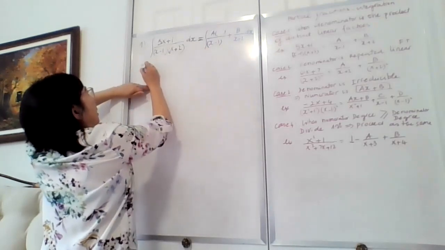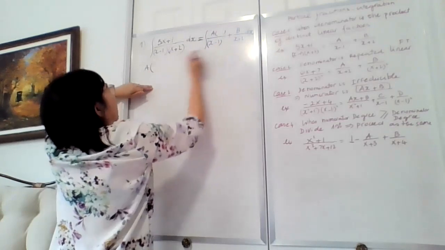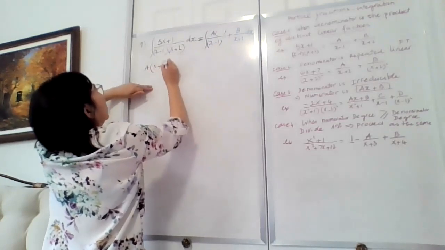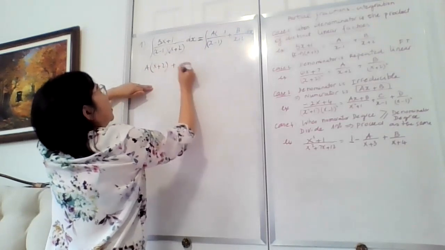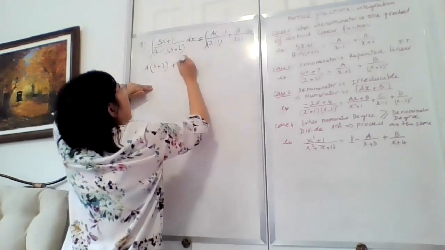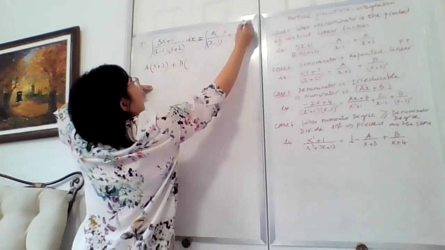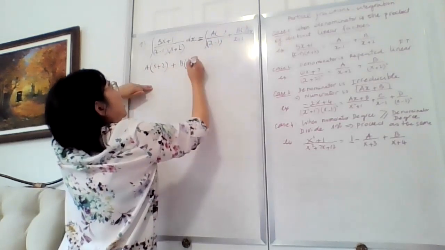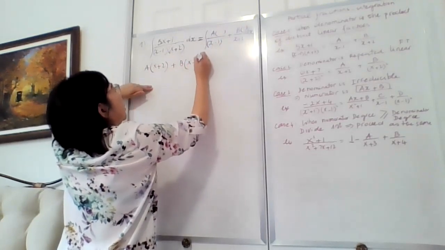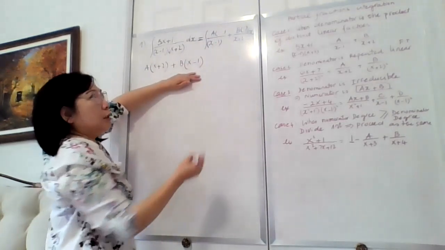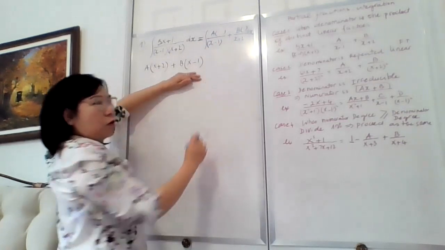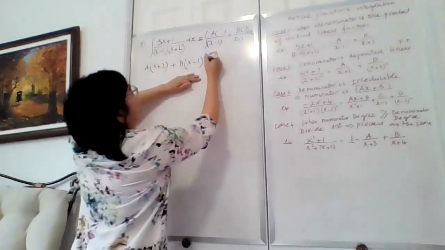So I'm going to say A times x plus 2, adding with B times x minus 1, because B will have to be multiplied with this one to get the common denominator. I just write out the numerator for now and ignore the denominator for a moment.